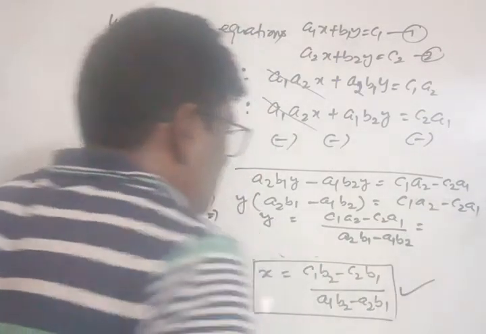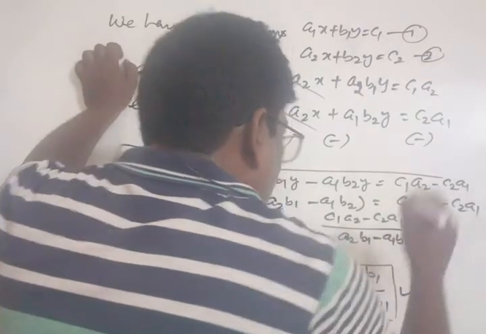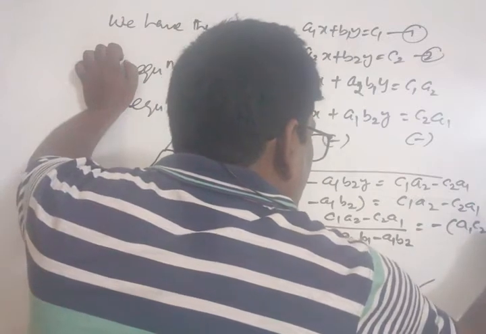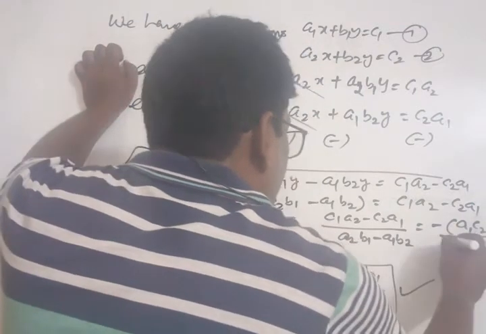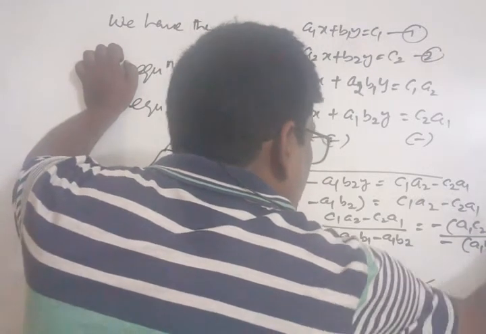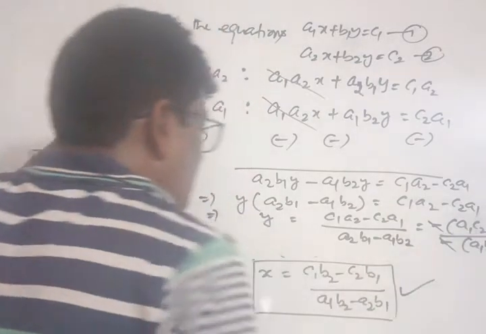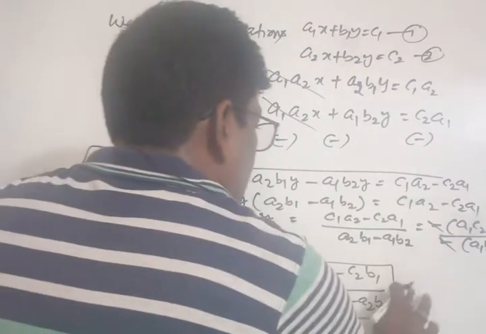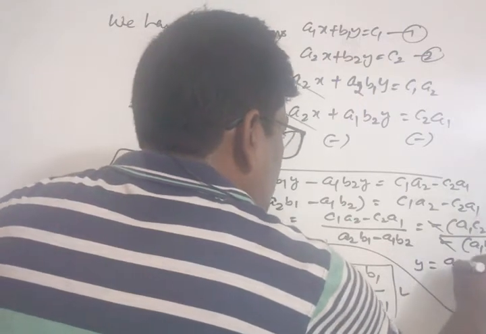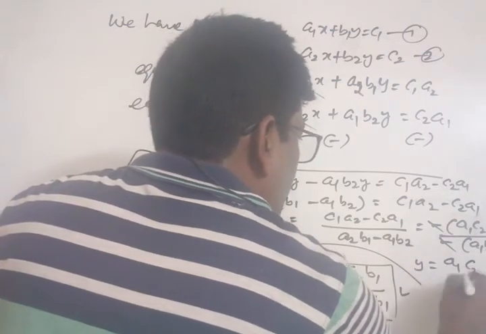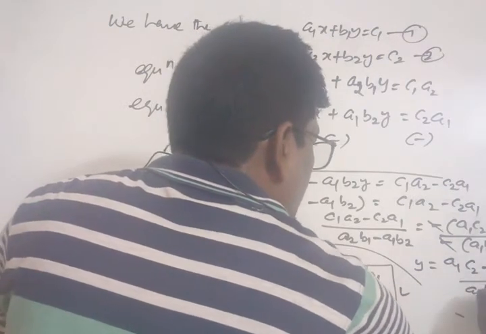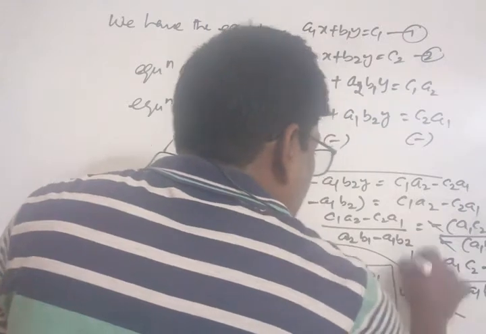Taking minus common from the numerator and denominator, the minus cancels. Now y is equal to (a1 c2 minus a2 c1) by (a1 b2 minus a2 b1). This is the value of y.